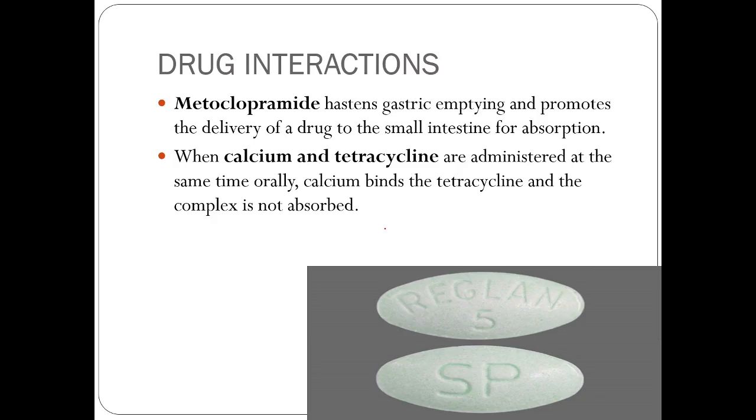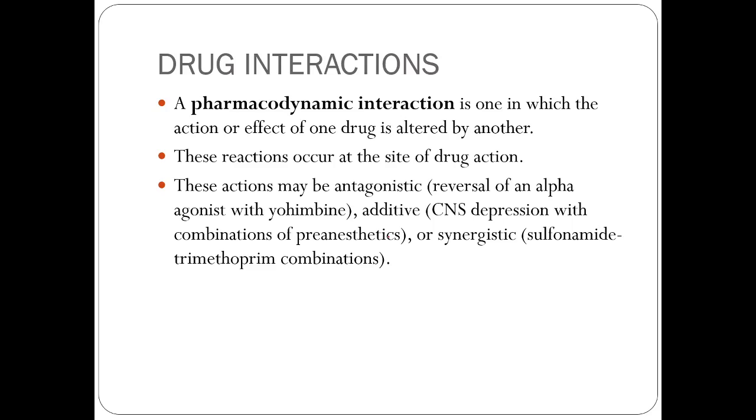So if we want to get another drug to the small intestine, we want to give it with metoclopramide. Calcium and tetracycline are a big no-no. We don't want to administer them at the same time because calcium binds the tetracycline, and so the complex is not absorbed.